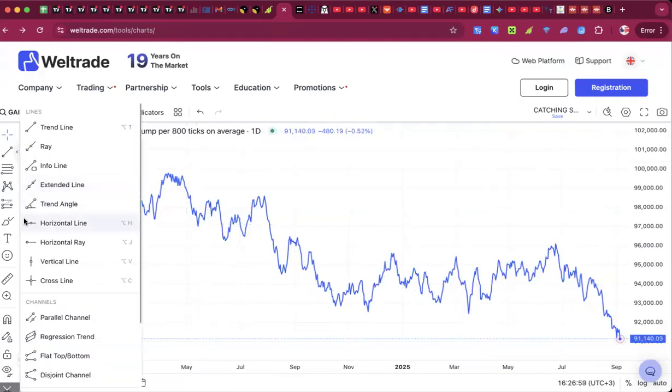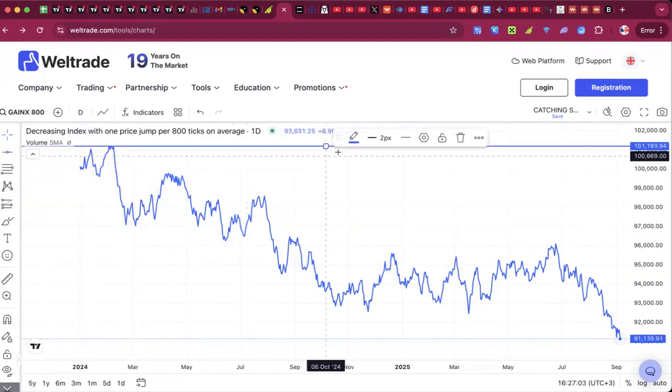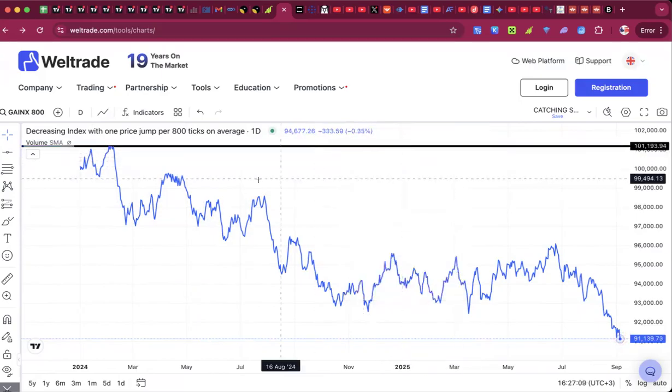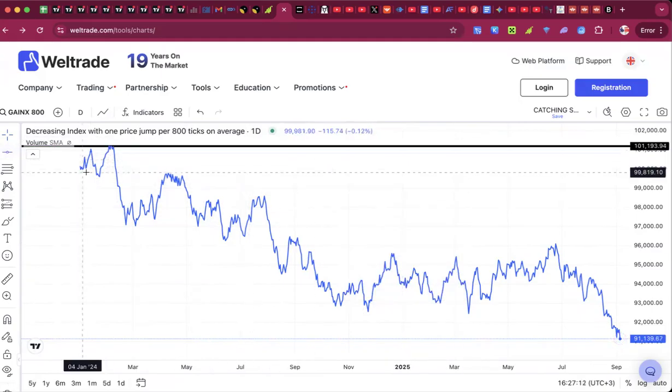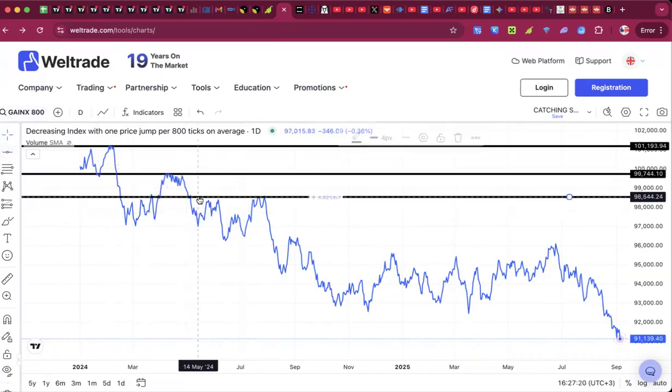So I'm going to go this way, just to delineate it and make it easy for me, so that when the market gets there, it's going to help me move well. Okay, so let's take it this way.